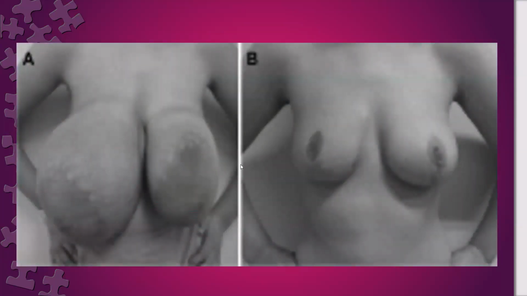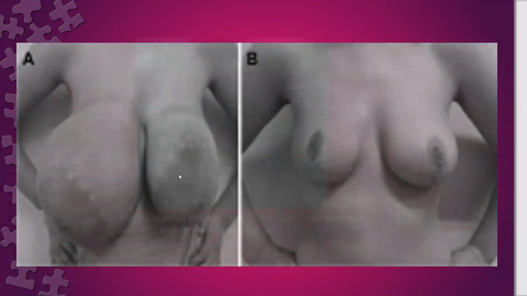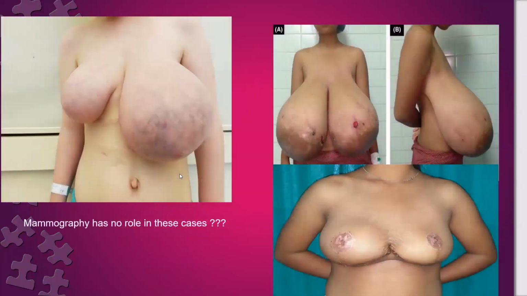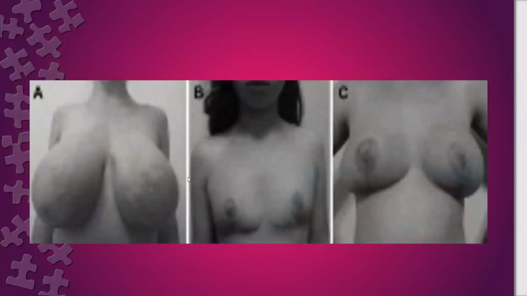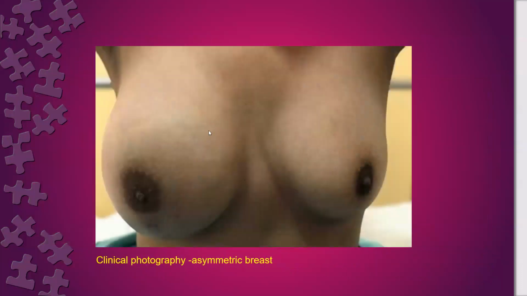But here, both sides are involved but asymmetric. In this case also, since one breast is completely normal while the other is abnormal, we have to exclude other causes of breast enlargement, like what?